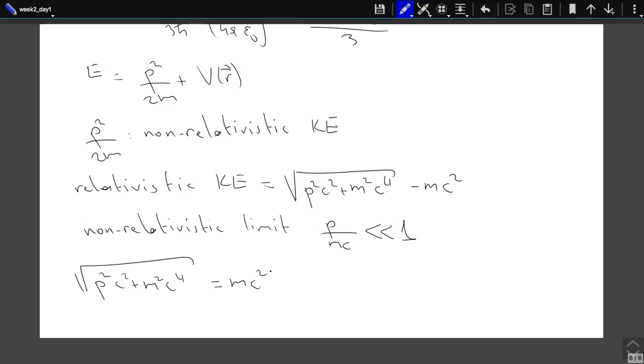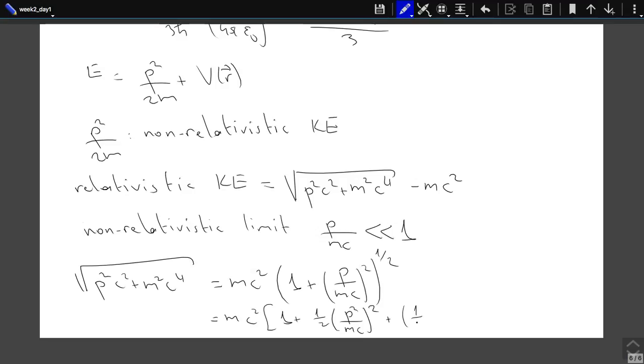This is equal to m c squared times 1 plus p over m c squared, all of it raised to the power 1/2. Well, that second term is the correction, a small term, so I can just use a Taylor expansion.